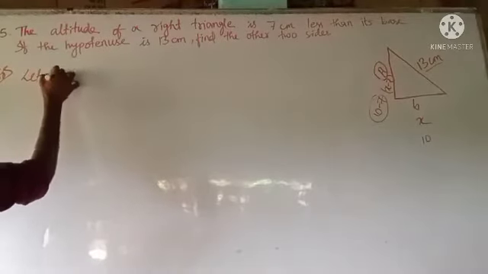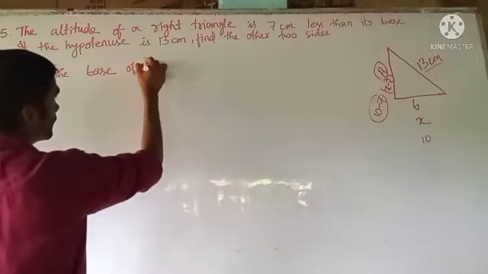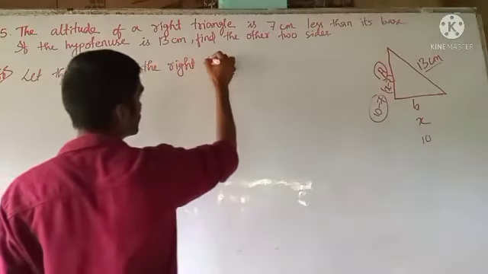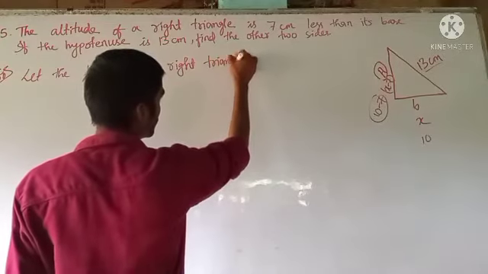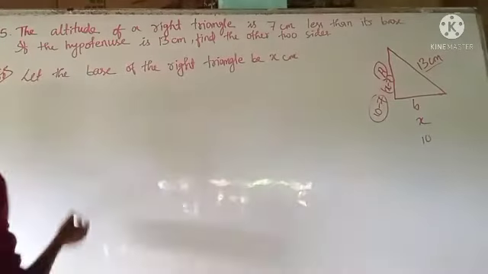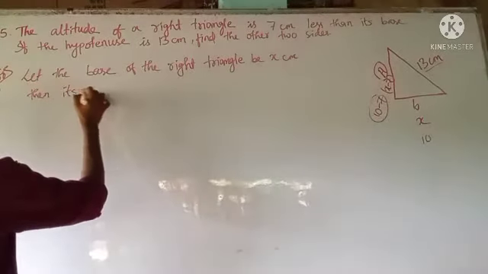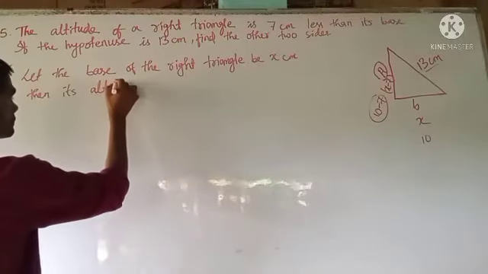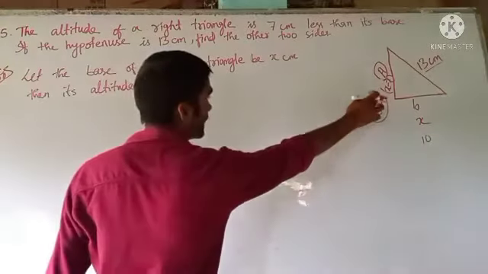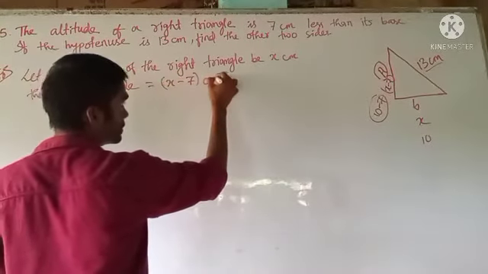So we'll assume, first for the base, let the base of the right triangle be x centimeter, then its altitude will be equal to x minus 7 centimeter.